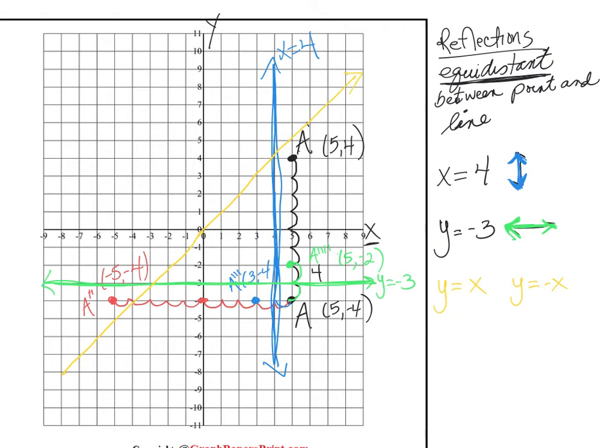Now for the diagonal, to reflect over the diagonal line, what we're going to do is we're still going to count the number of units I'm away from the reflection line, but first I'm going to count the number of units up, and then I'm going to count how many units to the left or right.